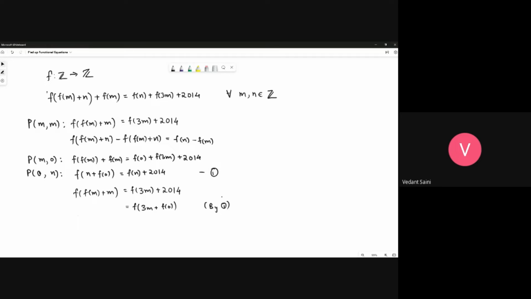Okay, so now maybe you can guess some function which works. Anybody?